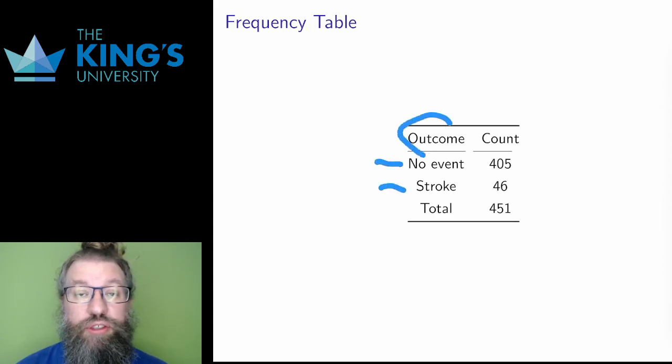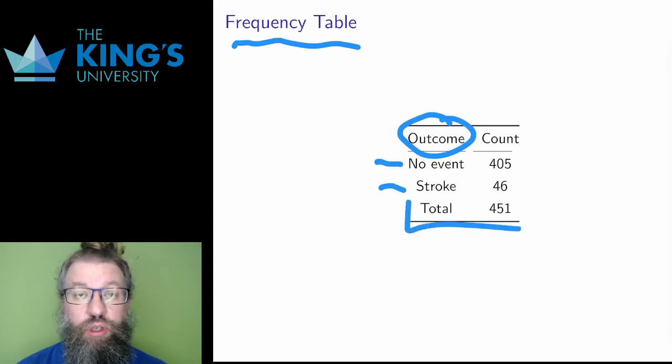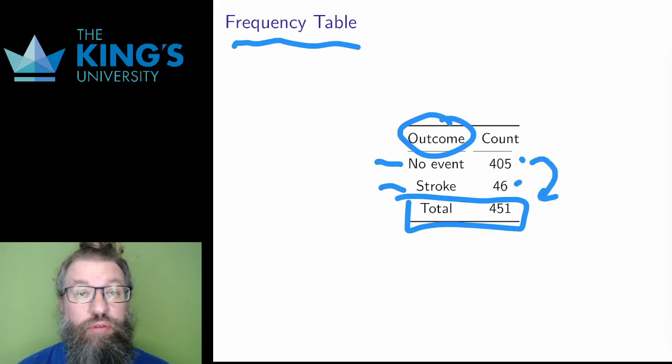It's not fancy. In many ways, it's the first obvious thing to do. However, having a term, frequency table, to refer to this is still very useful. Even straightforward things like counting are well served by having a definition to refer to. Note the total here. The total of a count should always add up to the number of cases, since each case has to fall into one of the categories.